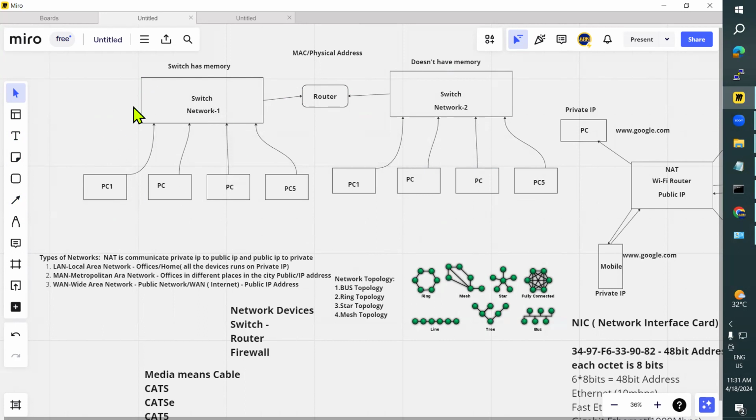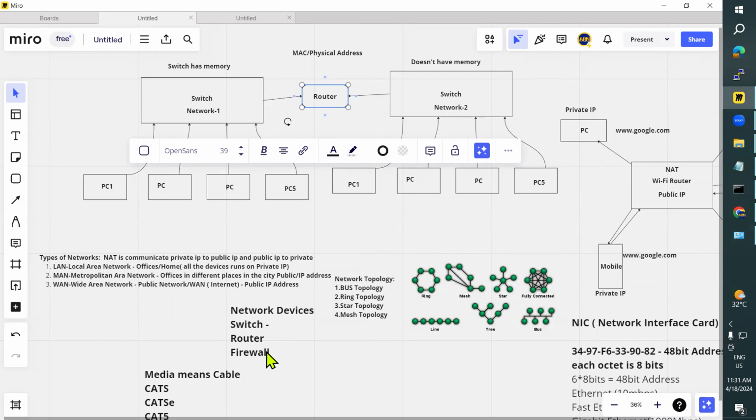Network one PCs can communicate with network two, and vice versa, with the help of the router. So a router is a device which enables communication between two different logical networks.